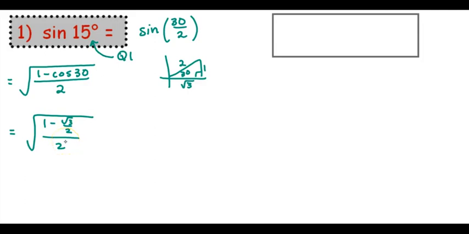So that needs to be simplified. So how about if inside the radical we multiply by 2 over 2. Distribute the 2 in the numerator. All of this is inside the radical. Now we have 2 minus square root 3 as our numerator and 4 as our denominator.